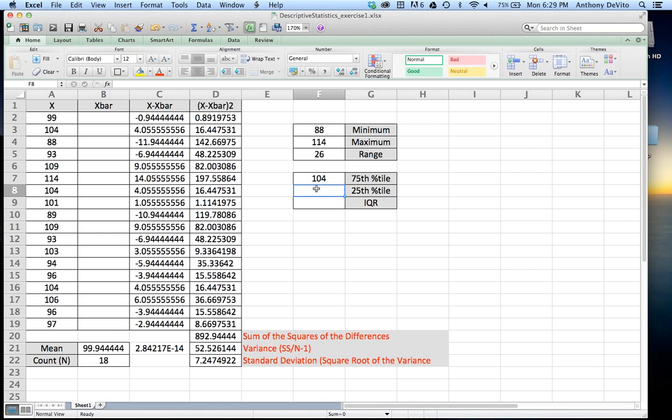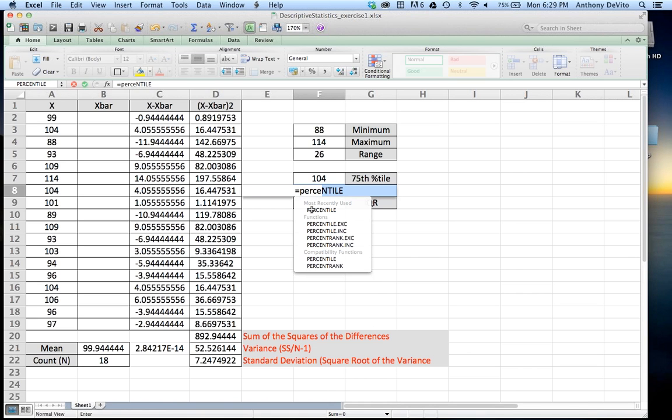I'm going to do exactly the same thing for the 25th percentile. Remember, since this is recording, you'll be able to go back over this a little bit slower and scrub through it slower if you want to and see this. Equals percentile, parentheses. Again, the array is the list of numbers, comma, the percentile is, in this case, 0.25.